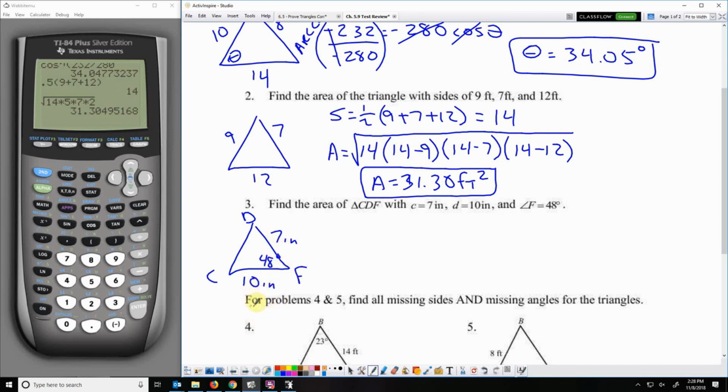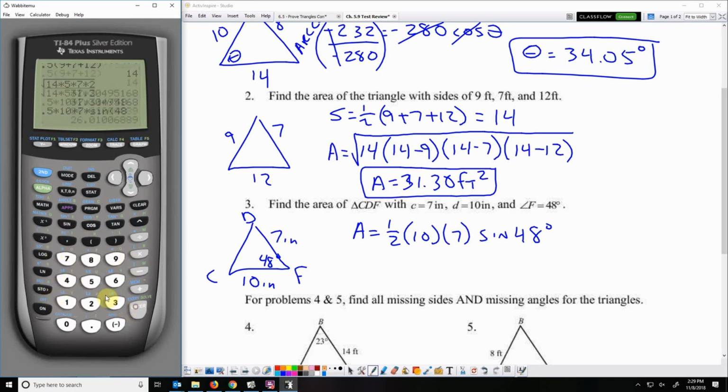In this case, we should use 1/2 ab sine C. So the area is 1/2 times 10 times 7 times the sine of 48 degrees. So we get an area of 26.01, and this one's in inches, so that would be inches squared.